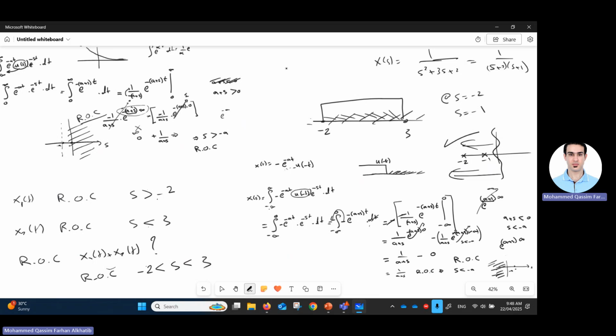If I have, for example, 1 over (s plus 3)(s minus 1), then I have a pole at s equal -3 and at s equal +1. On the s-plane, that is -3, and that is 1. So I have a pole on the right side.